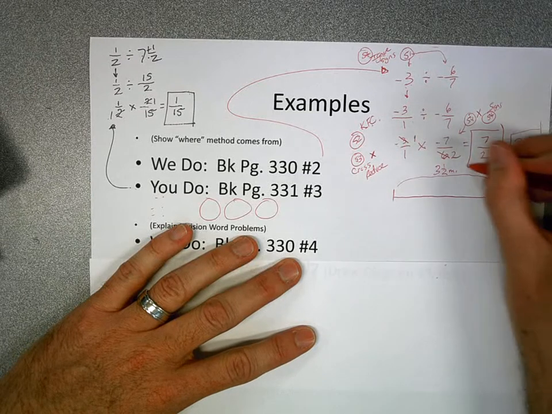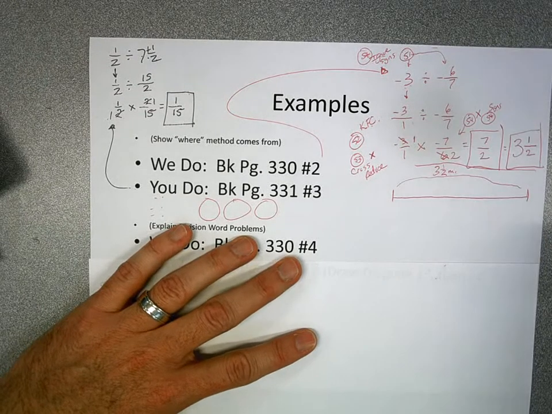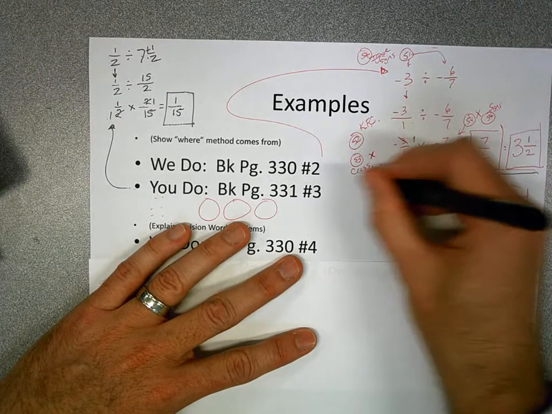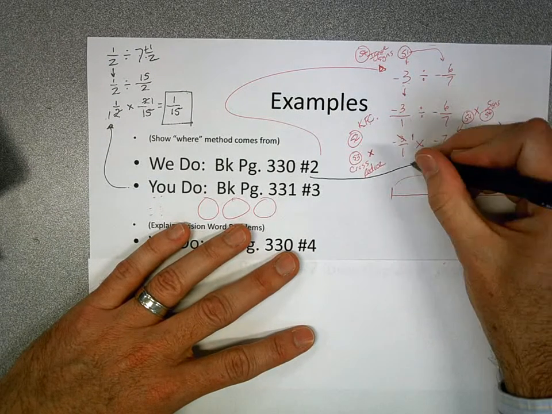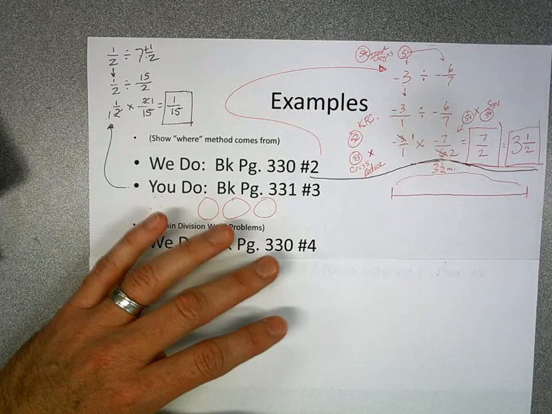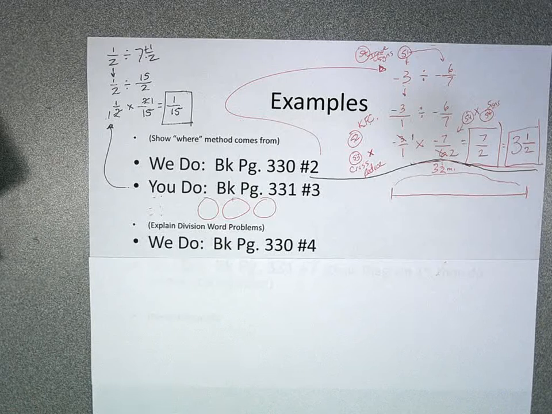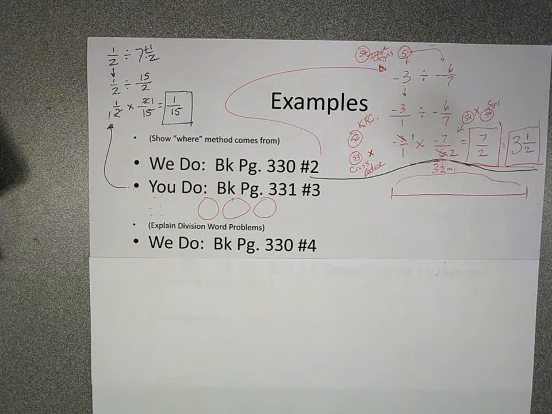Let me use a black line to separate the last 2 problems here. So we have a total of 3.5 miles. Now it says that she walked that in 1 2/5 hours.